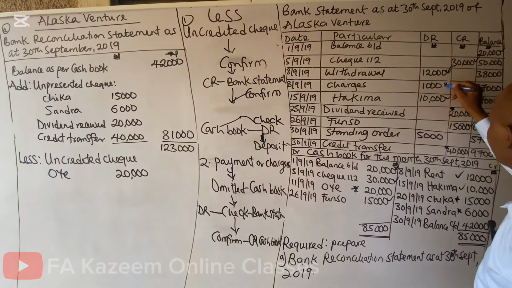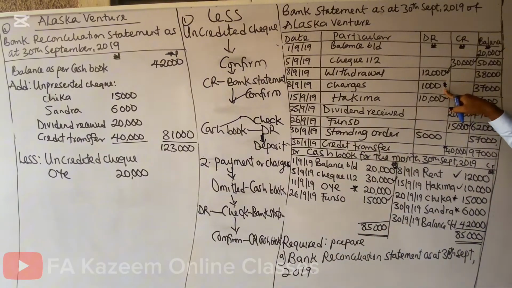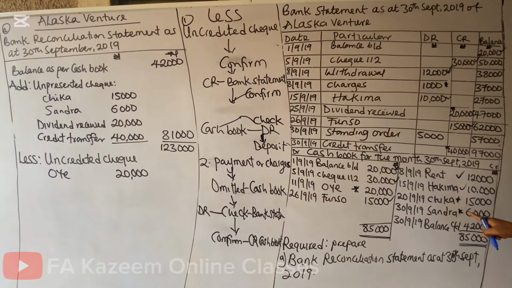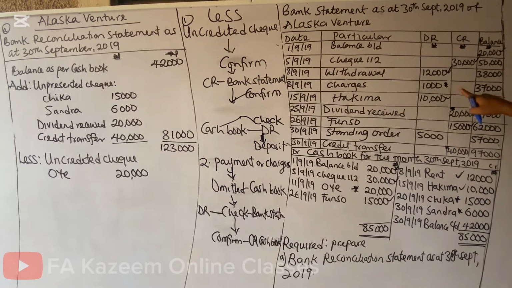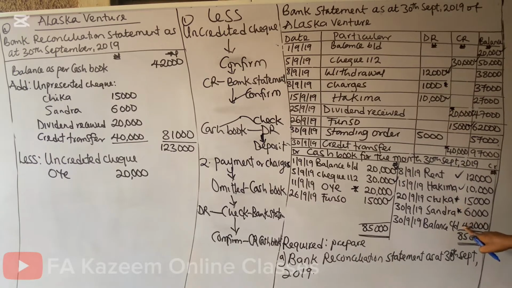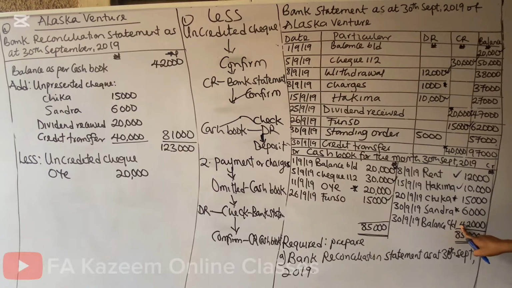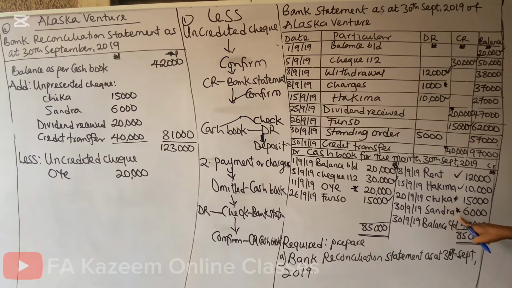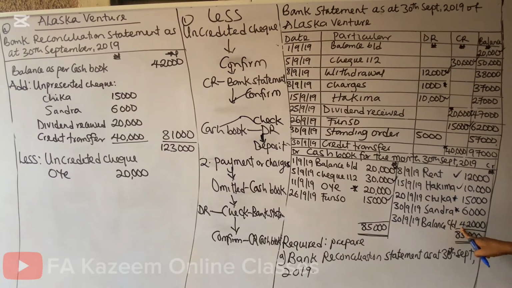It means the bank recorded the charges, but the customer forgets or omitted to record the charges on the credit side. Now, if this 1,000 has been recorded on this cash book, this balance won't have been 42,000. The balance will have been 41,000 because the customer will have deducted that 1,000 from this 40 before arriving at the balance.